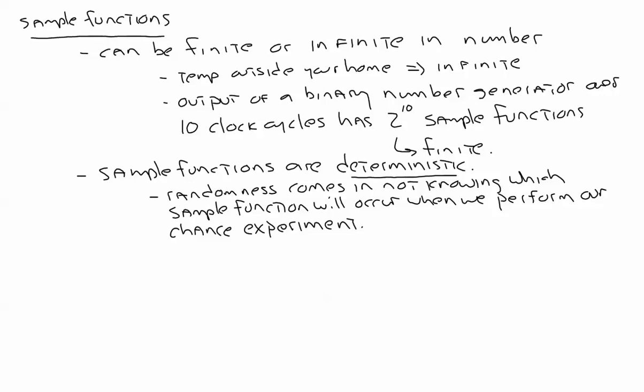In fact, we wrote them down in a table. The randomness comes not in identifying the outcomes of tossing the 2 dice, but rather we don't know exactly what the outcome is going to be until we actually perform the experiment. So the results are deterministic. The randomness comes in not knowing which outcome will occur when we perform the experiment.